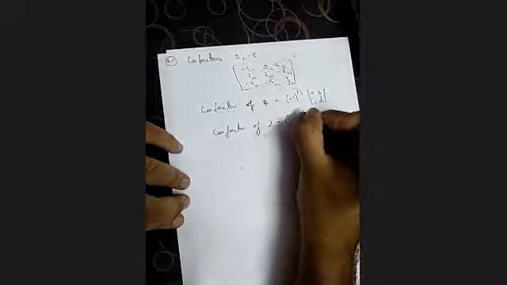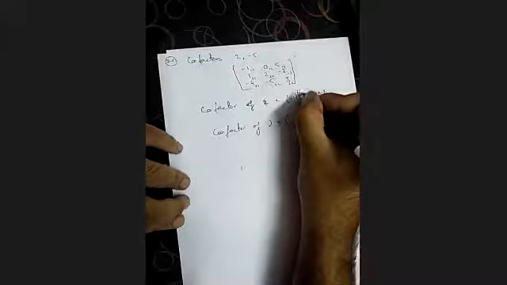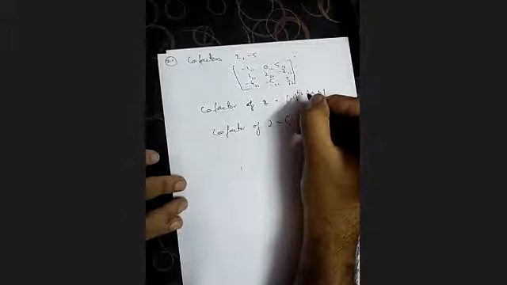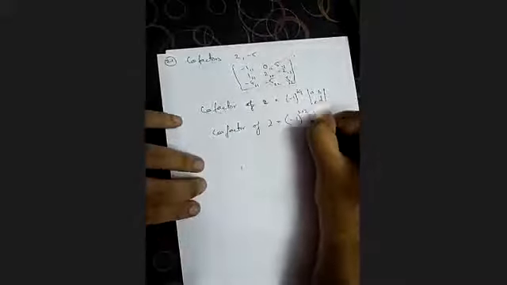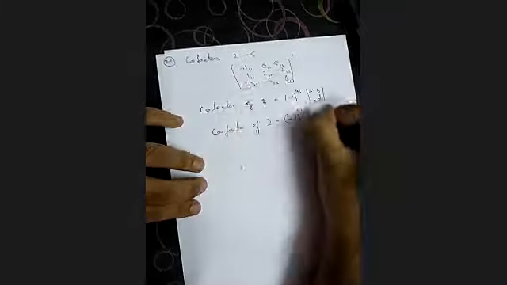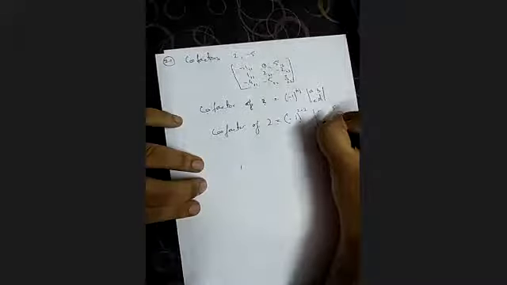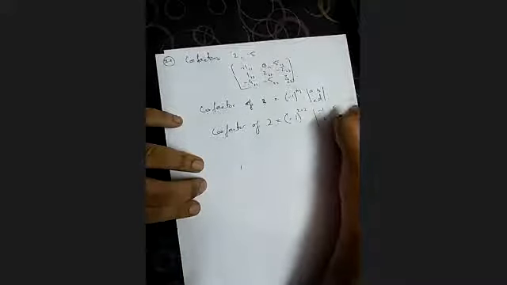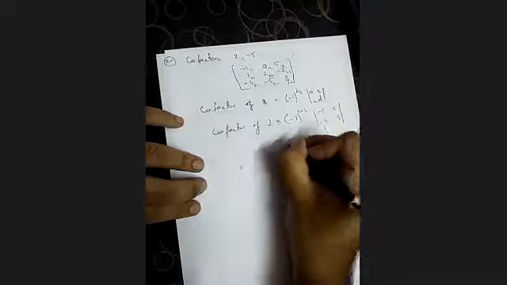So i and j is 2 plus 2, that will be 4. And if you remove this row and this column, what is left? Minus 1, 5, minus 4, 3. Clear?